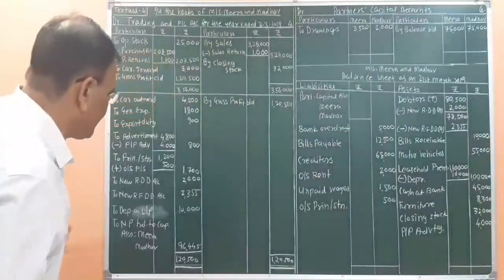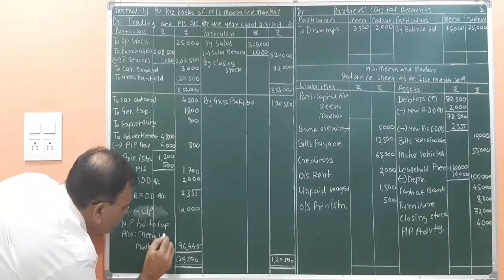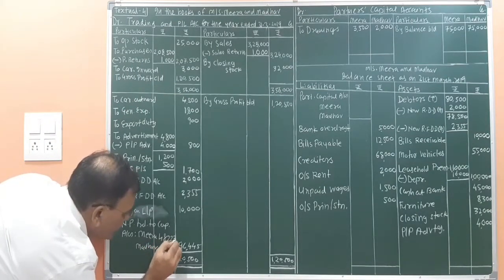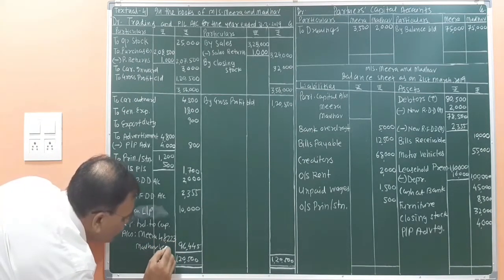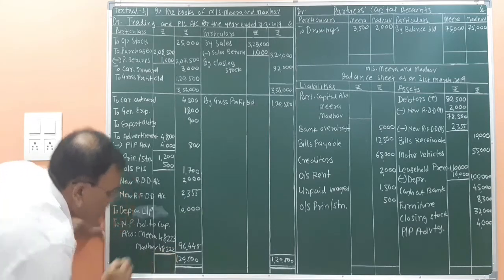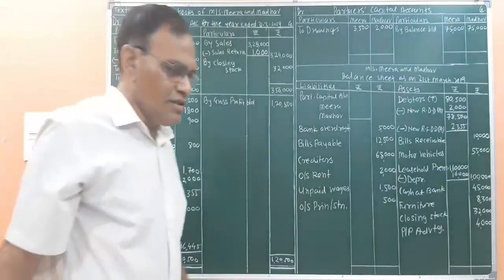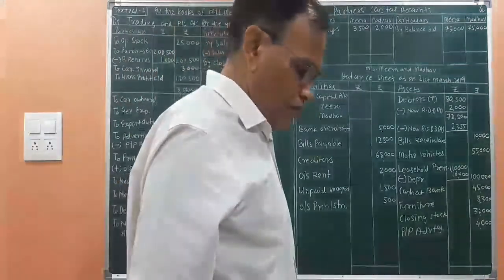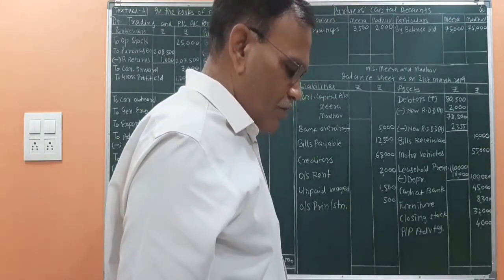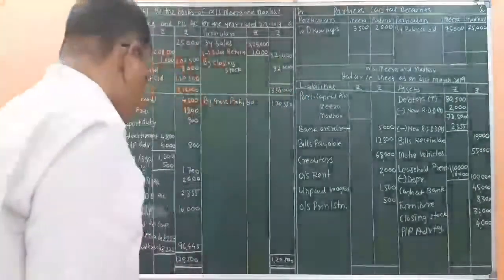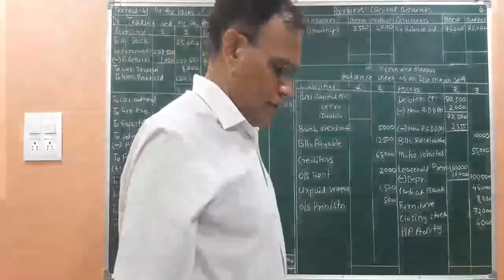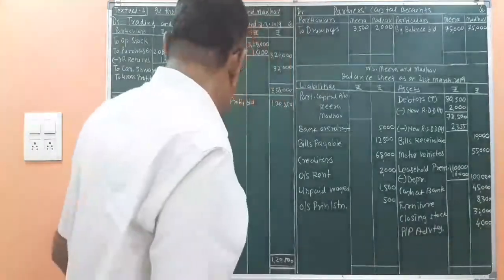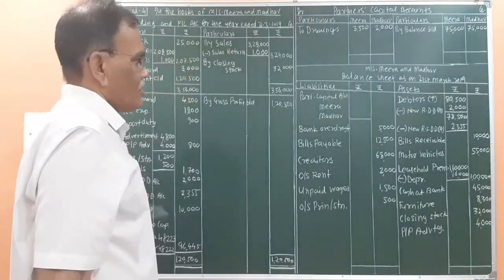So 48,223 and 48,222. That is the distribution. It is coming in a fraction, so we are giving 223 to Meera and 222 to Madhav. So that is all about the profit and loss account.